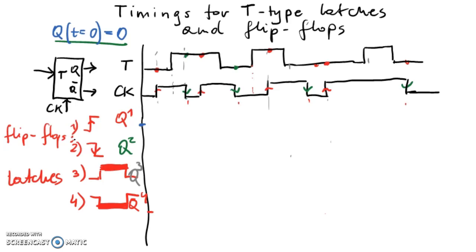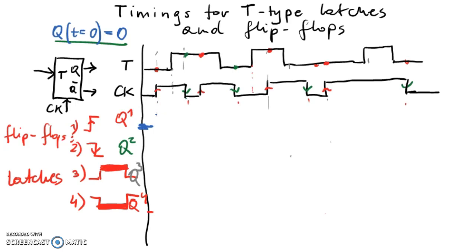As in the previous cases, we start with flip-flops, and the rising edge is the first one. The initial state of Q is 0, so we start drawing here at the 0 level.